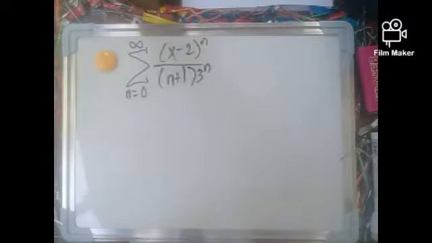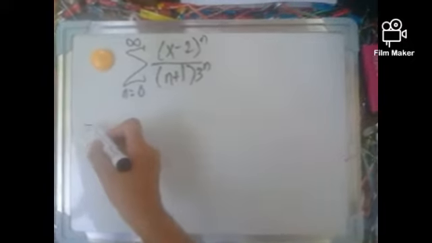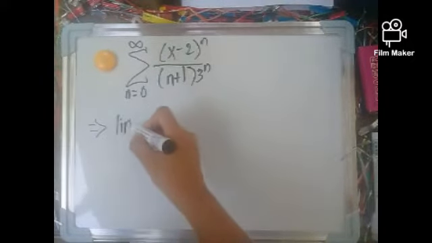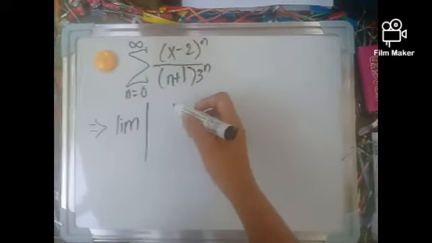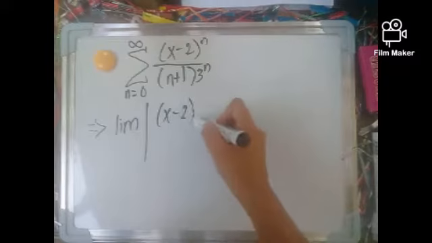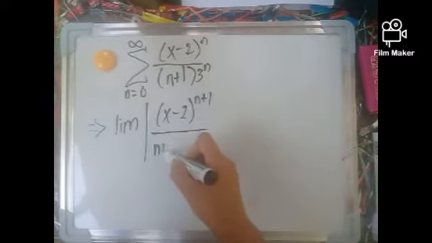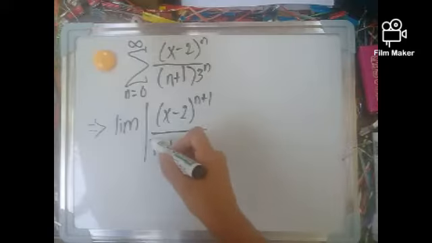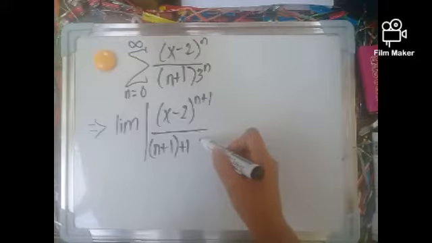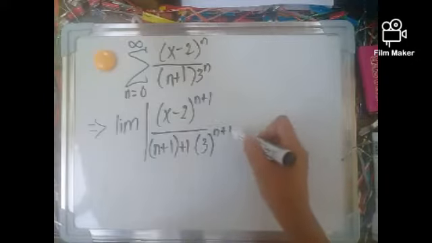Dito ang gagamitin natin ay ratio test. So, we have here the limit. Tanda pa ang ratio test. x minus 2 raised to n plus 1 over n plus 1 plus 1 times 3 raised to n plus 1.